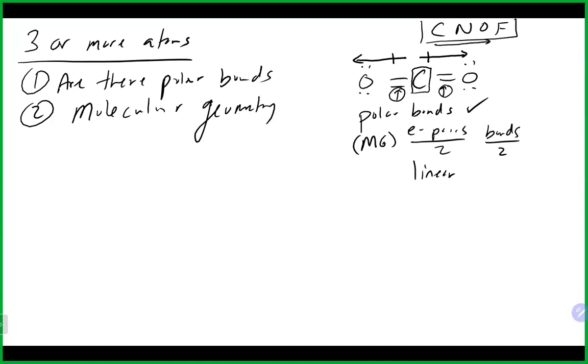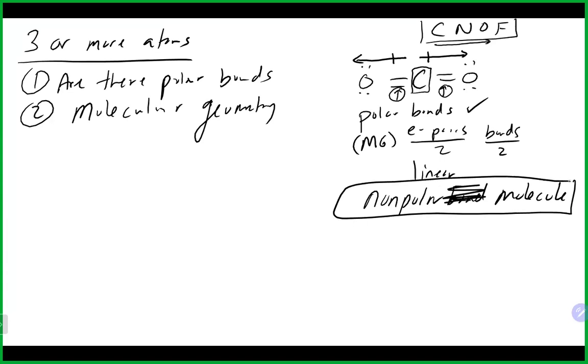So I'm pulling this way and I'm pulling back this way. So even though this particular compound has polar bonds, because of its geometry, they actually cancel each other out. Not polar bonds, but a non-polar molecule in this case, because of its geometry.